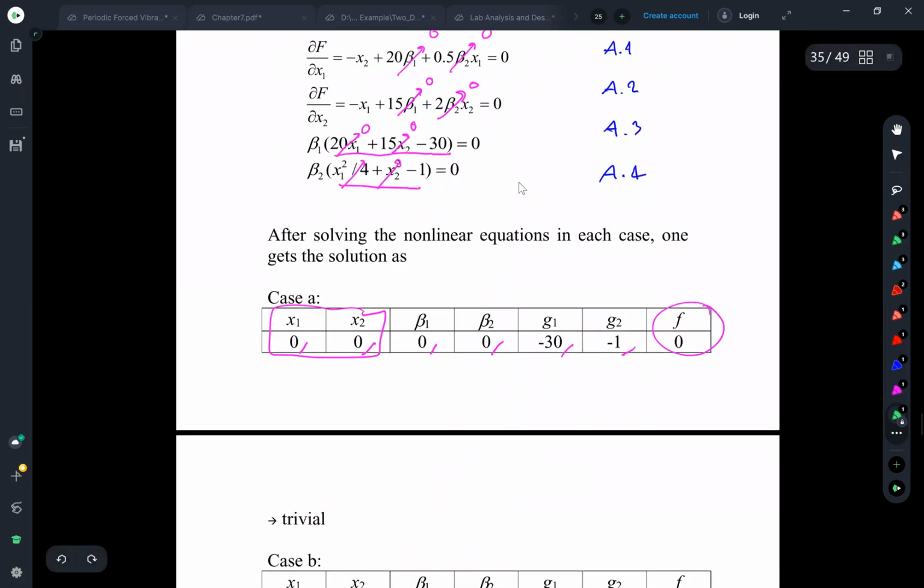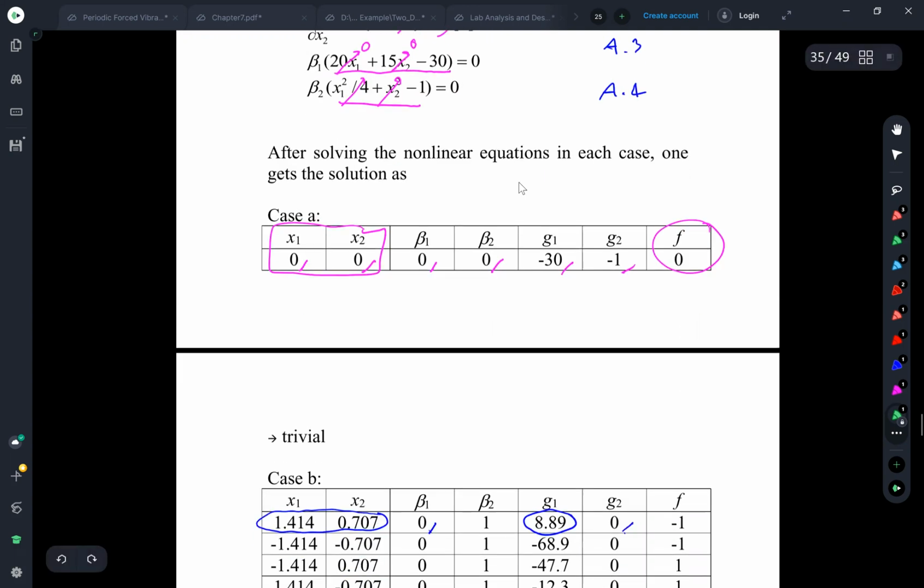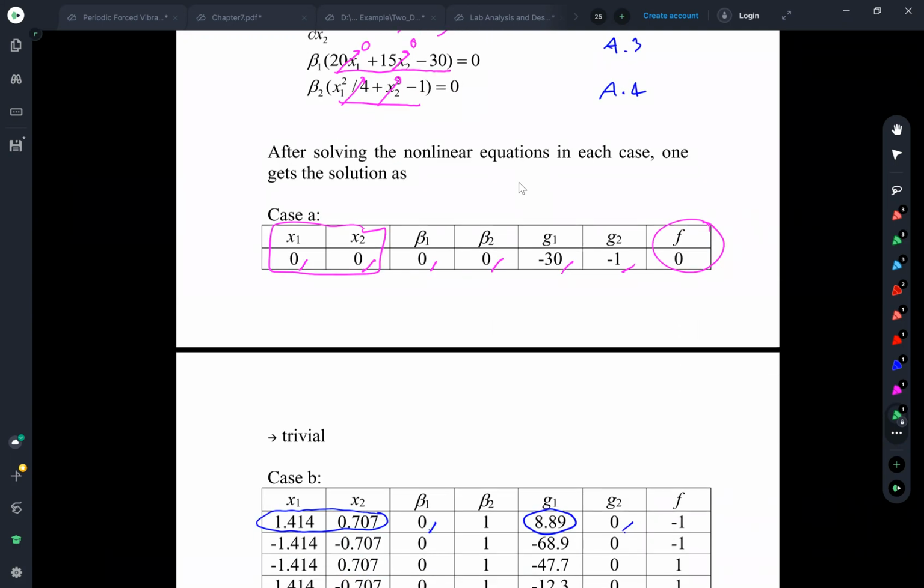In this example, if we closely look at the result we obtain, I would like to go one by one to make it clearer to all of you. Let's see, for example, case A. We start with beta 1 and beta 2 equal to zero.